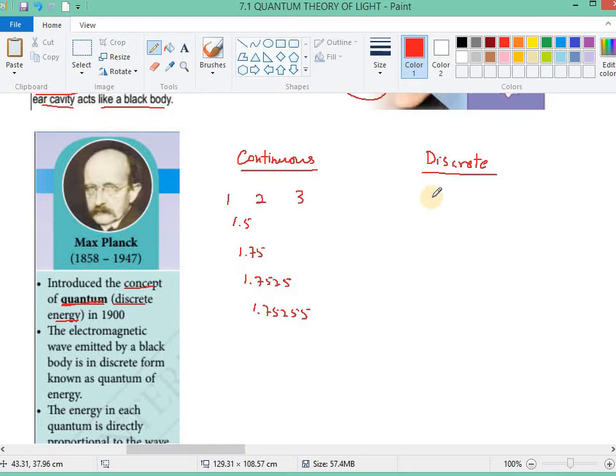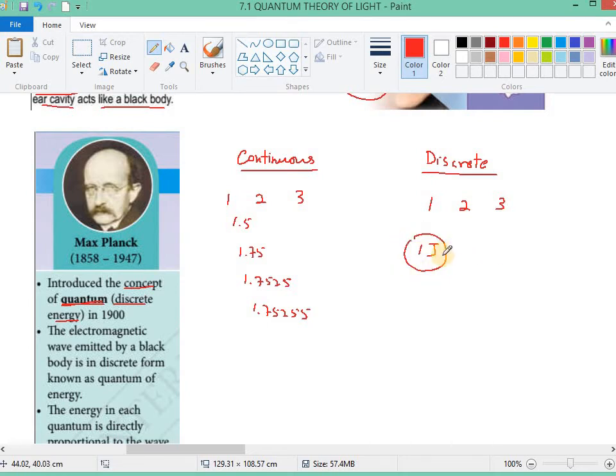Discrete is either 1, 2, or 3. There is no in between. So what Max Planck is suggesting is that if energy is transferred in discrete amounts, for example, let's say the energy can only be transferred in 1 joule at a time.